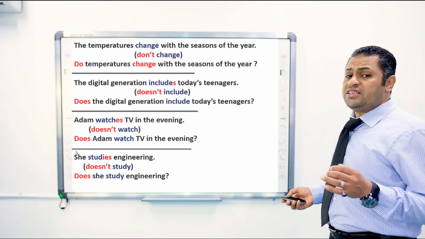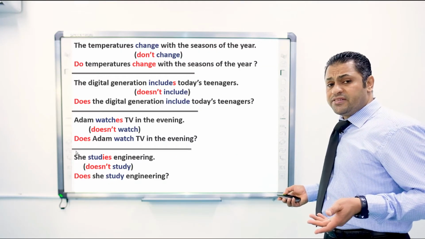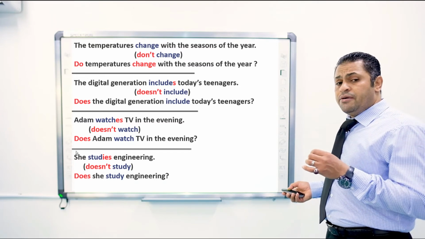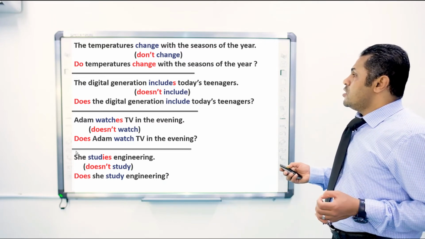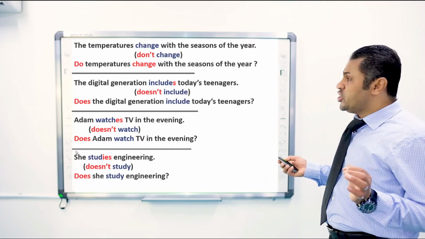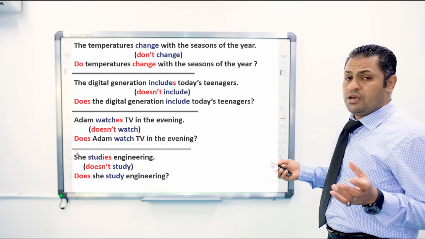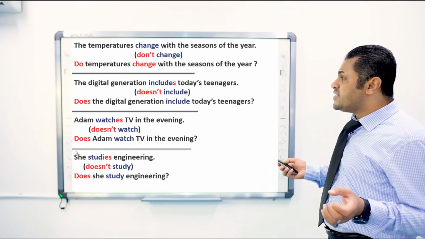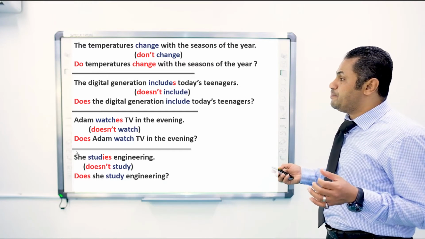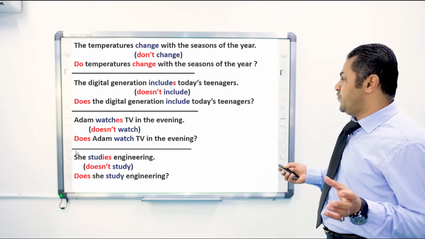Now, look at these additional examples to confirm the information. The temperatures change. Change here is the infinitive with plural. The negative is don't change, and the question begins with do and the infinitive.